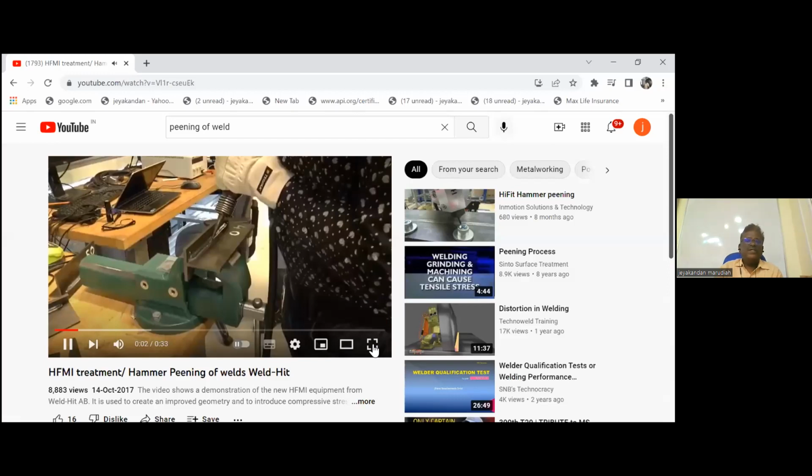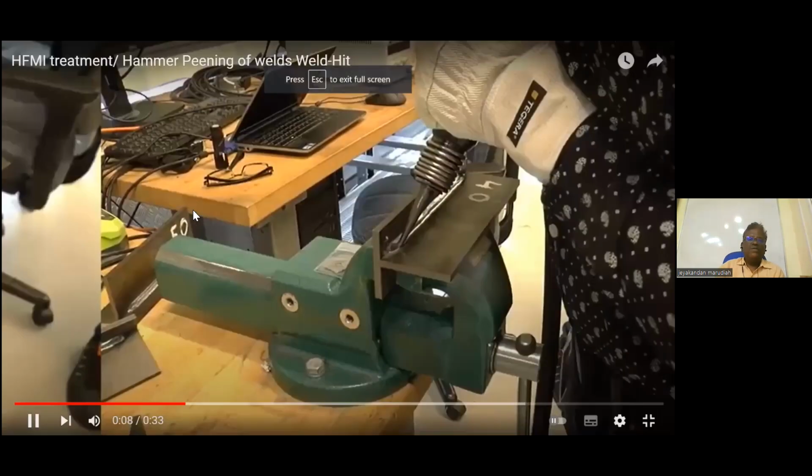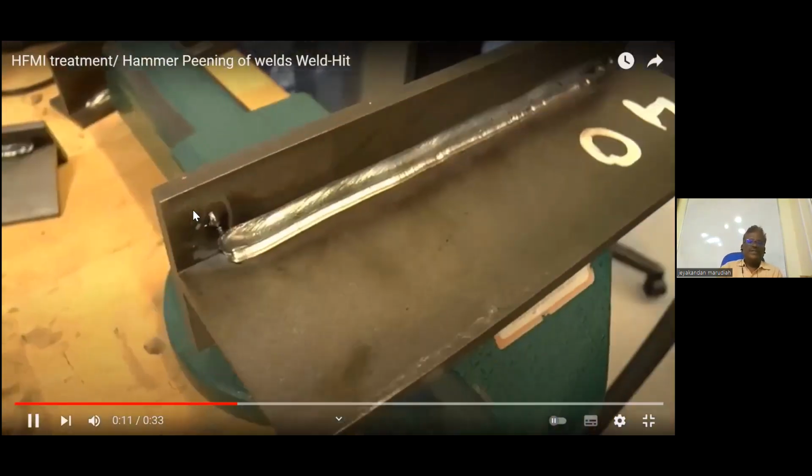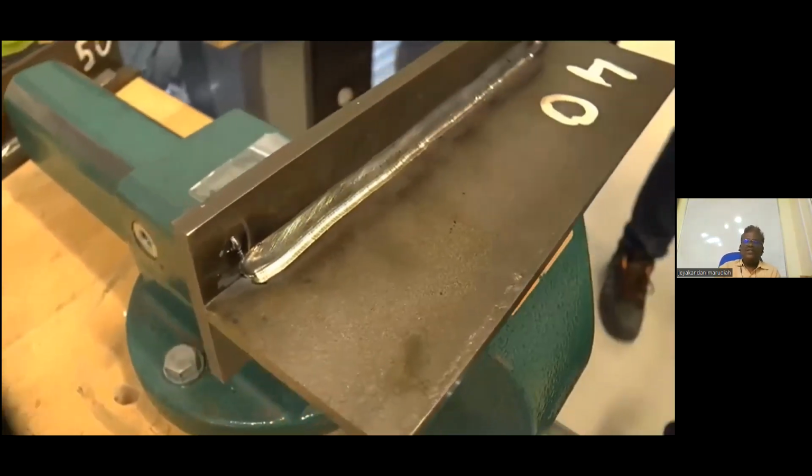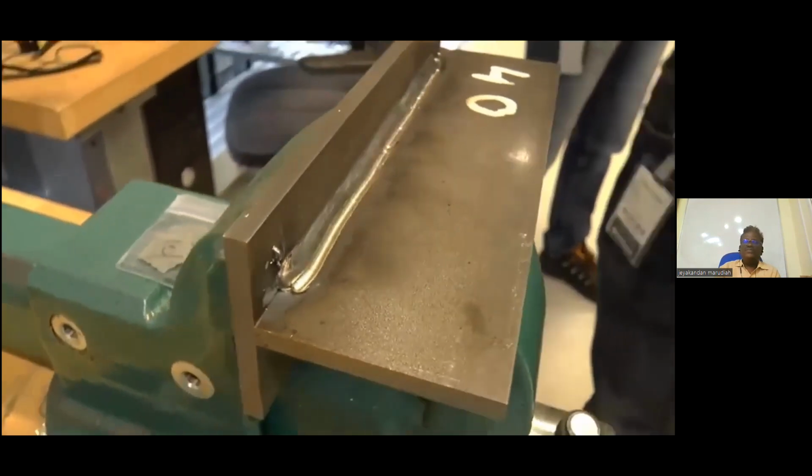So this is actually peening. You can see a ball peen hammer. Actually, it is one of the stress relief methods. It is continuously vibrating.